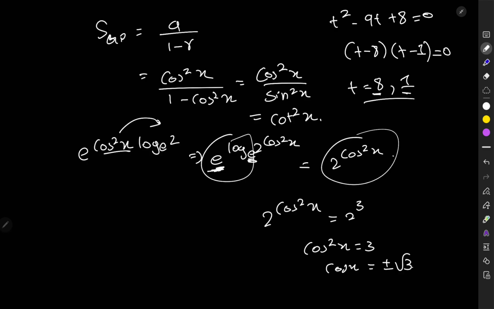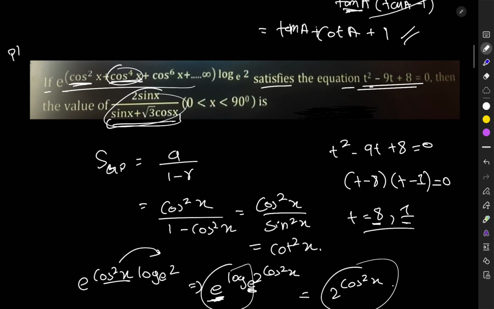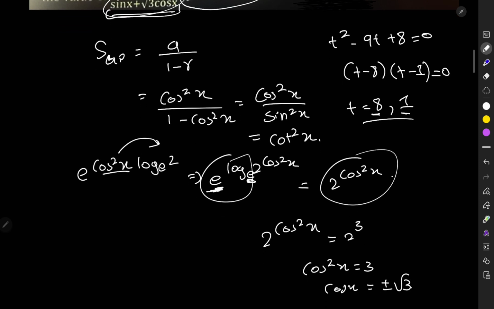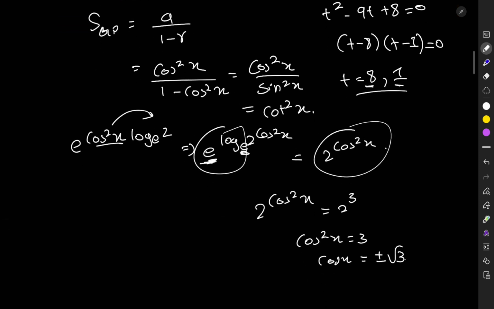So negative won't come because the quadrant will be affected, right? So negative won't come. We will take only the positive case, because if you see in this question, x is only from 0 to 90. When it is negative, it will be exceeding 90 degrees, so the only possible value is pi by 6, right?